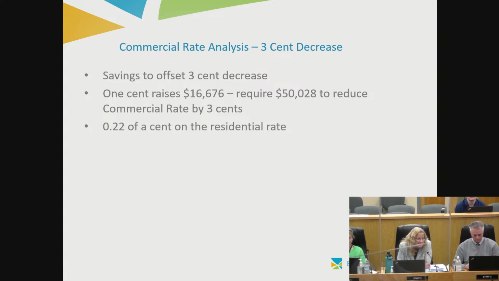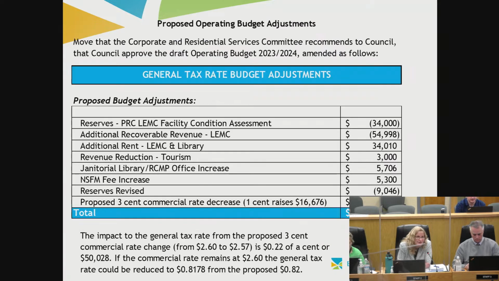Because that is for this building, it can be included in the recoverable costs for the tenants. So this cost can be split between the municipality and the tenants, roughly 40% tenants and 60% municipality, because that's the split for how much square footage is commercial here in this building.